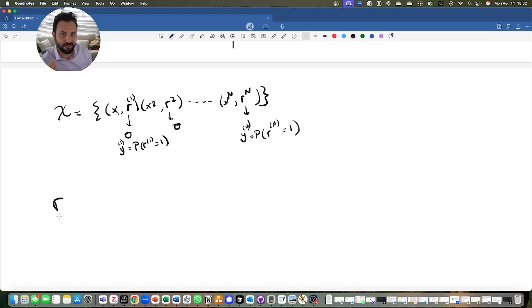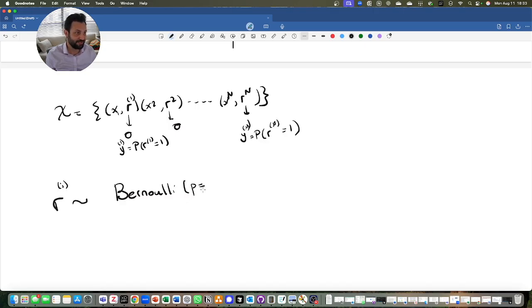A person being healthy or cancer, we can call each and every one of them Ri to be a Bernoulli random variable. Remember Bernoulli random variable? A Bernoulli random variable had one parameter, the probability of it being 1s and 0s.